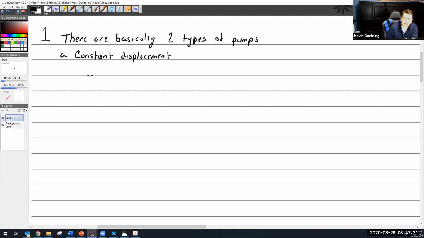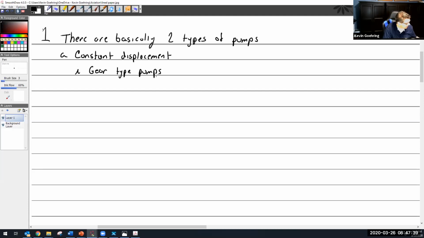Constant displacement pumps would include gear type pumps. And you've already experienced this with the Lycoming. The oil pressure pump on the back is a gear type pump.